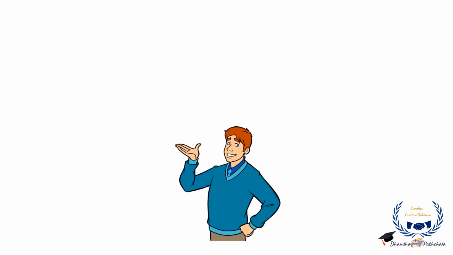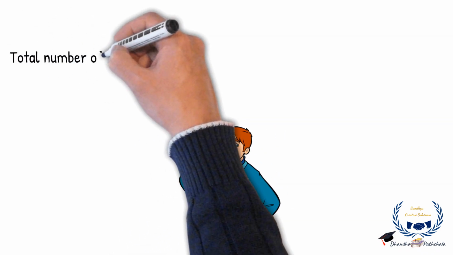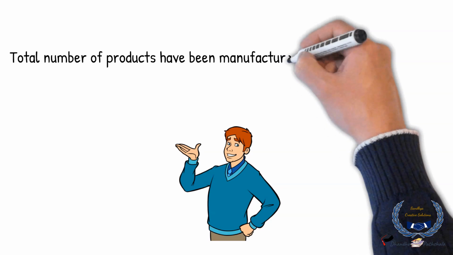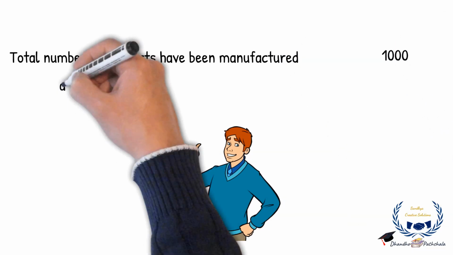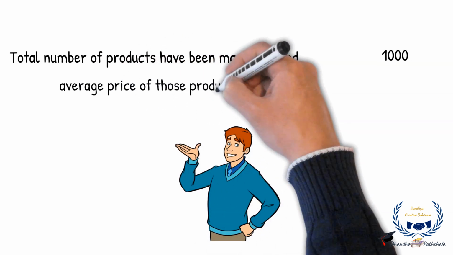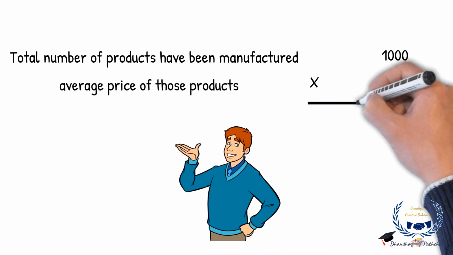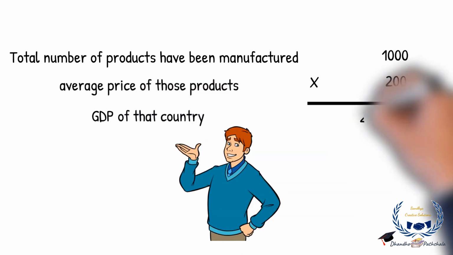Let's assume, in a particular country, in a particular year, total 1,000 products have been manufactured. The average price of those products are 200 rupees. The GDP of that country is 1,000 multiplied by 200 equals 2 lakh rupees.